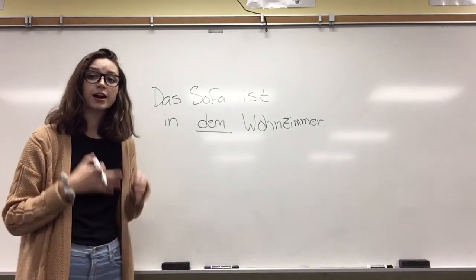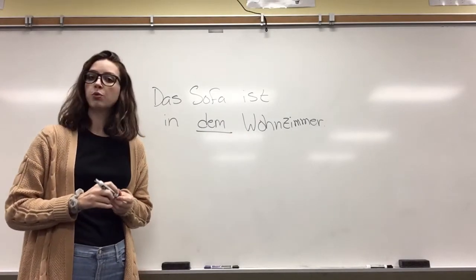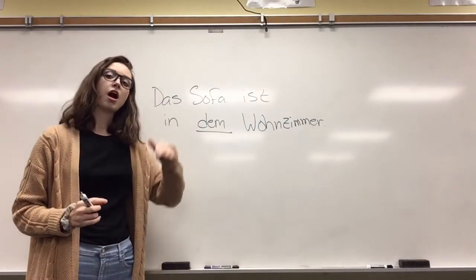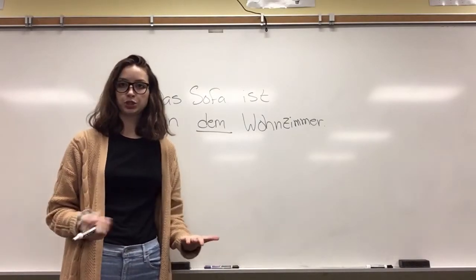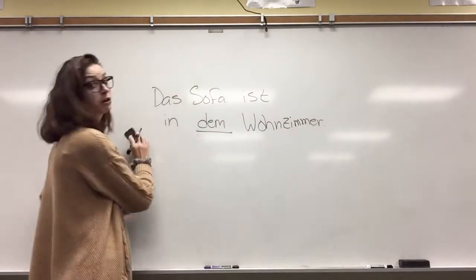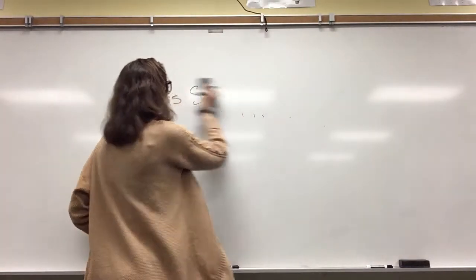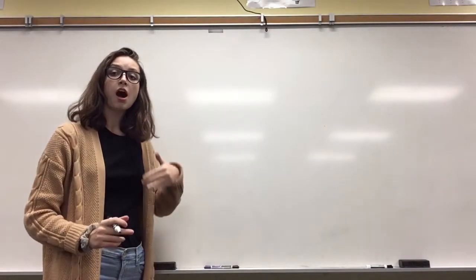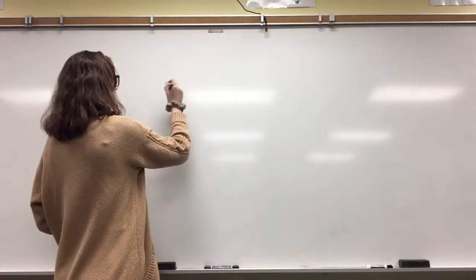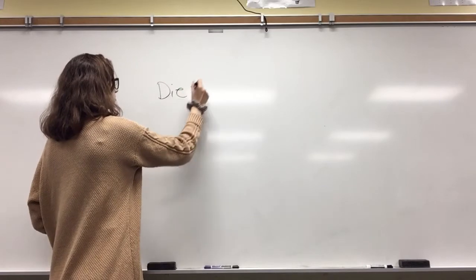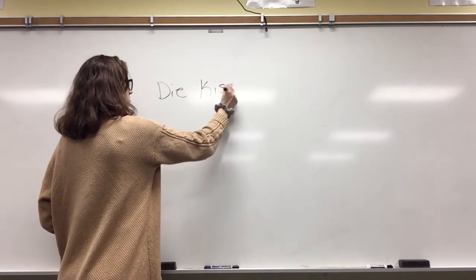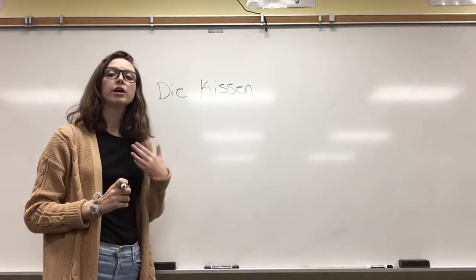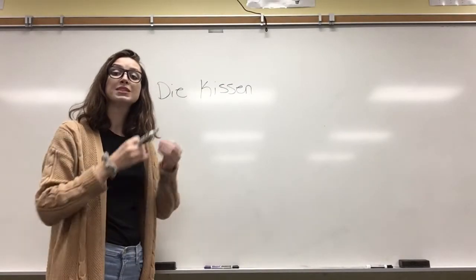This works for any of the other words that we want to say. So, for example, the pillows are on top of the couch. Let me erase this real fast. The pillows, we know that the pillows are die Kissen. And because we are talking about multiple pillows, we are not going to use ist, we are going to use sind.